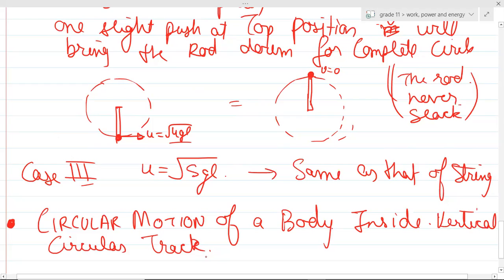Now, circular motion of a body inside a circular track.